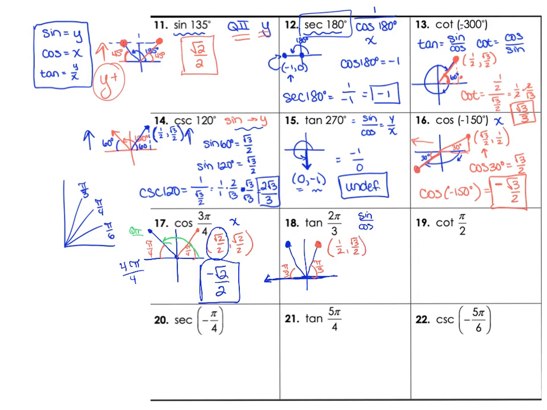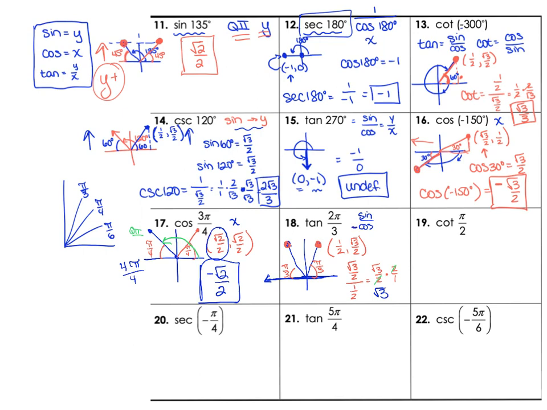That is sine over cosine. So I'm going to take my sine value, square root of 3 over 2, put it over the cosine value, keep change flip, square root of 3 over 2 times 2 over 1. The 2's cancel, I'm left with the square root of 3. But in quadrant 2, the x values are negative.